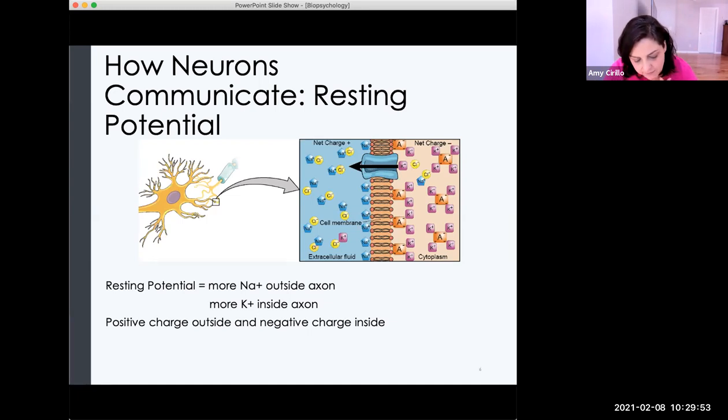But when a neuron receives a signal at the dendrites from another cell, that means that sodium, which is Na+, rushes in, okay, and it makes the inside of the neuron more positive, right?